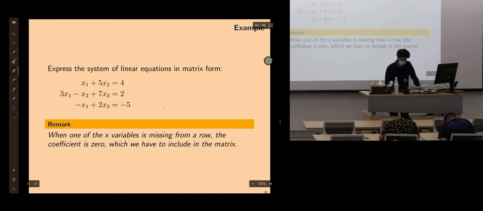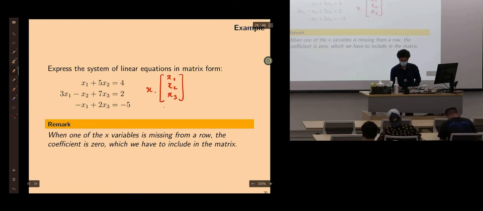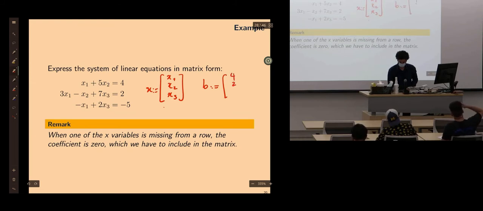So first of all, what is the problem here as you're doing it? It's the same thing. It's a practice, but it has a trick in it as well. Upon first introduction, it seems like we're missing variables. So we have x1, x2, x3. Putting these into x is not a problem. Same for b, right? 4, 2, minus 5. That's the easy part.